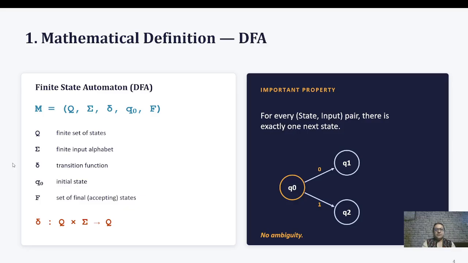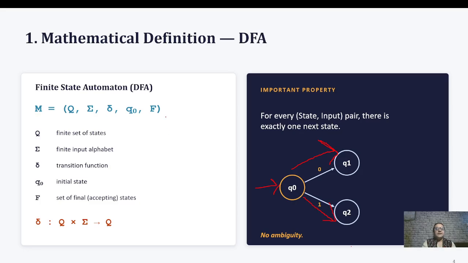So here, if you see in this diagram, from Q naught, which is the starting state, if you give input 0, it transits to Q1, and if there is an input of 1 at Q naught, then the transition is made to the state Q2.